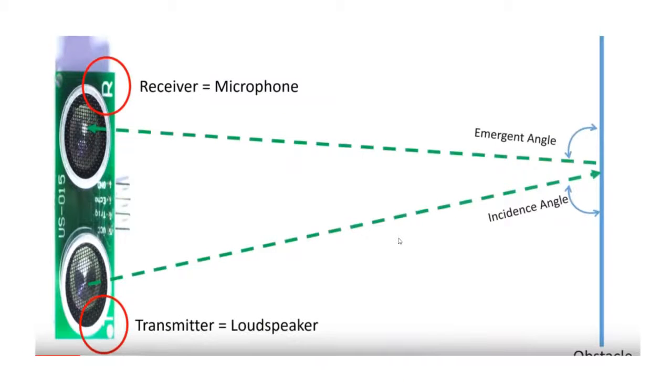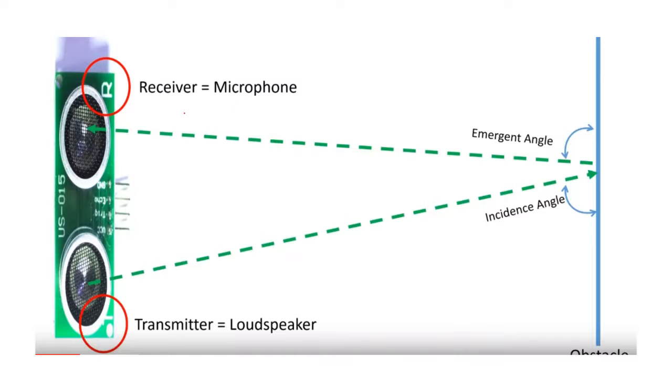So you can see the receiver, the R, is a microphone. The T is the transmitter, and it acts like a loudspeaker. It's the one that really releases the waves or the sound. And then the receiver, which is the microphone, picks it up, because the sound goes direct and reaches the obstacle at a particular angle.